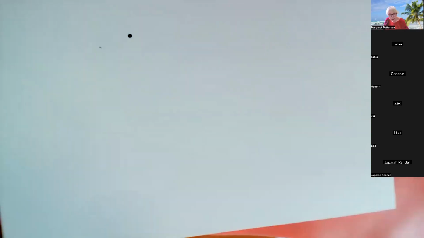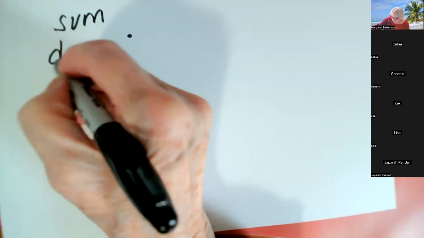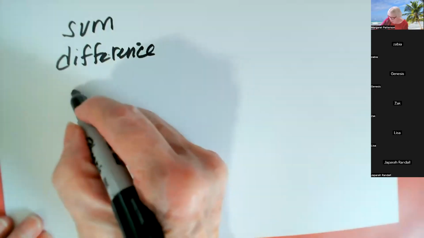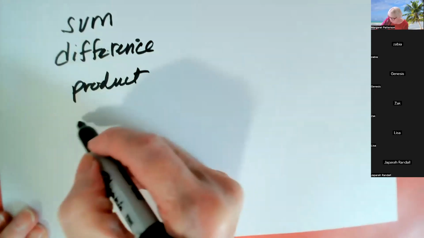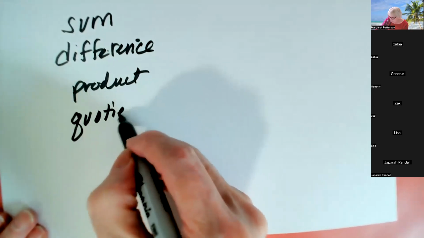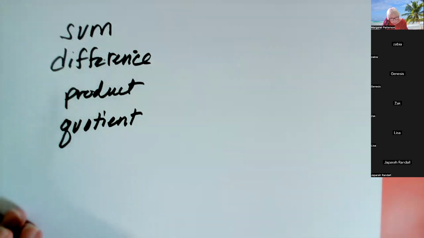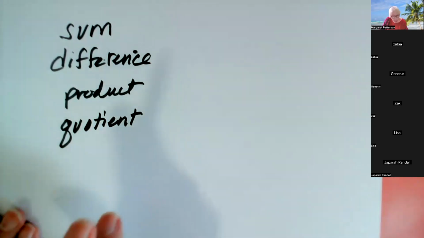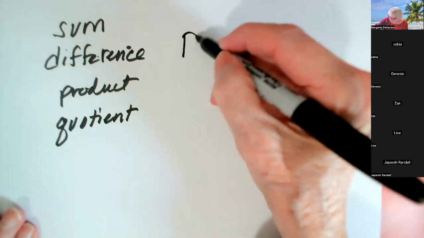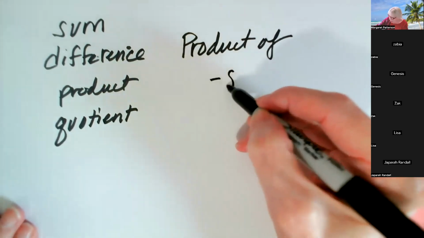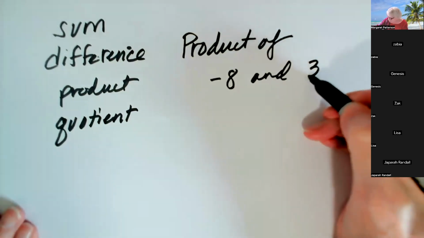Now, I have no idea if this is going to come up, but occasionally they use these words, and I noticed I was tutoring somebody recently, and they had forgotten the words. And so they could actually present a problem and just tell you, find the product of -8 and 3.